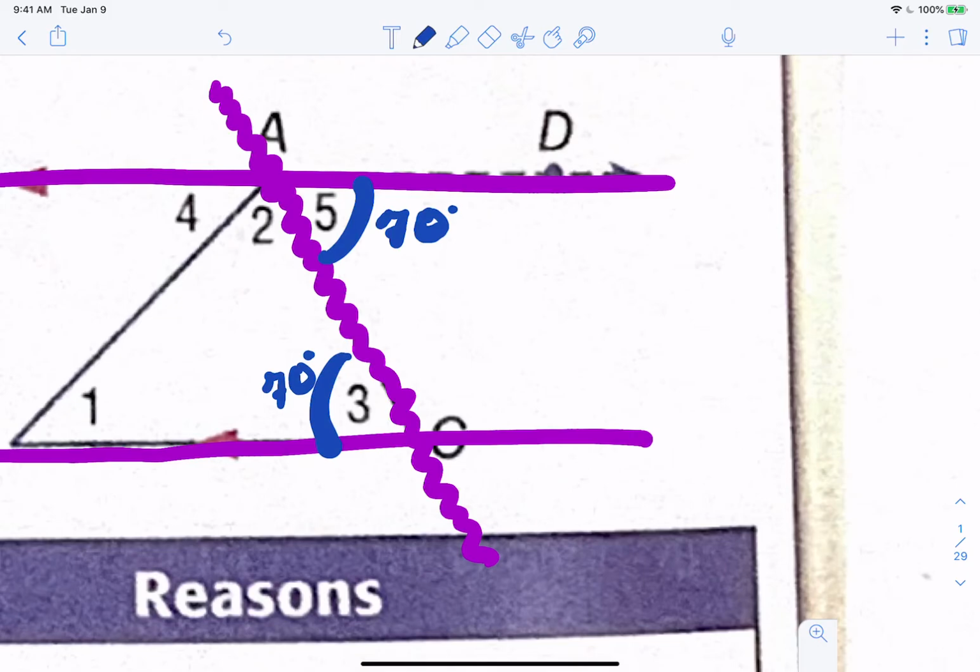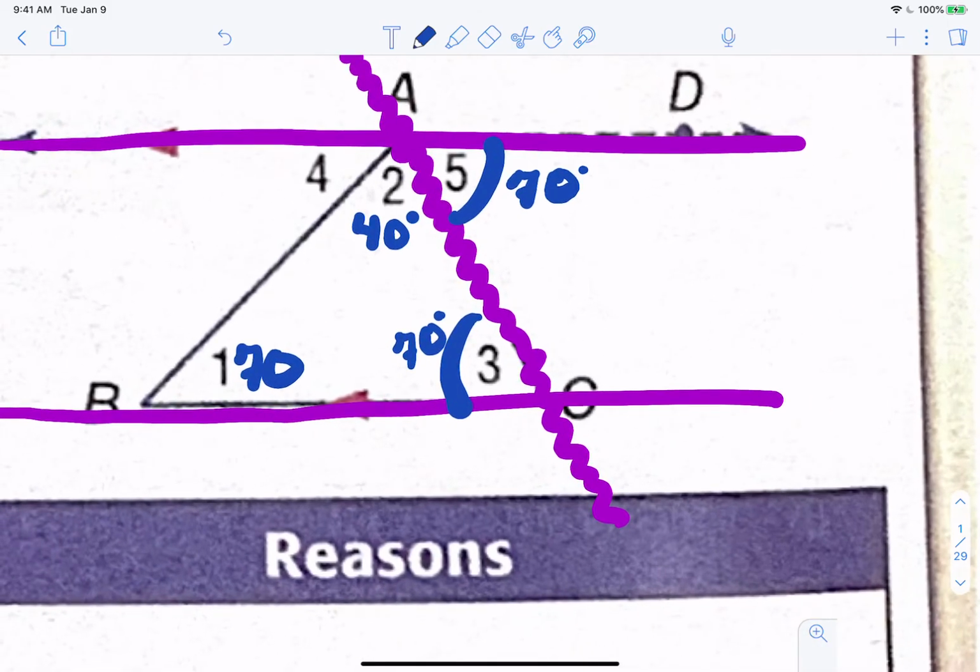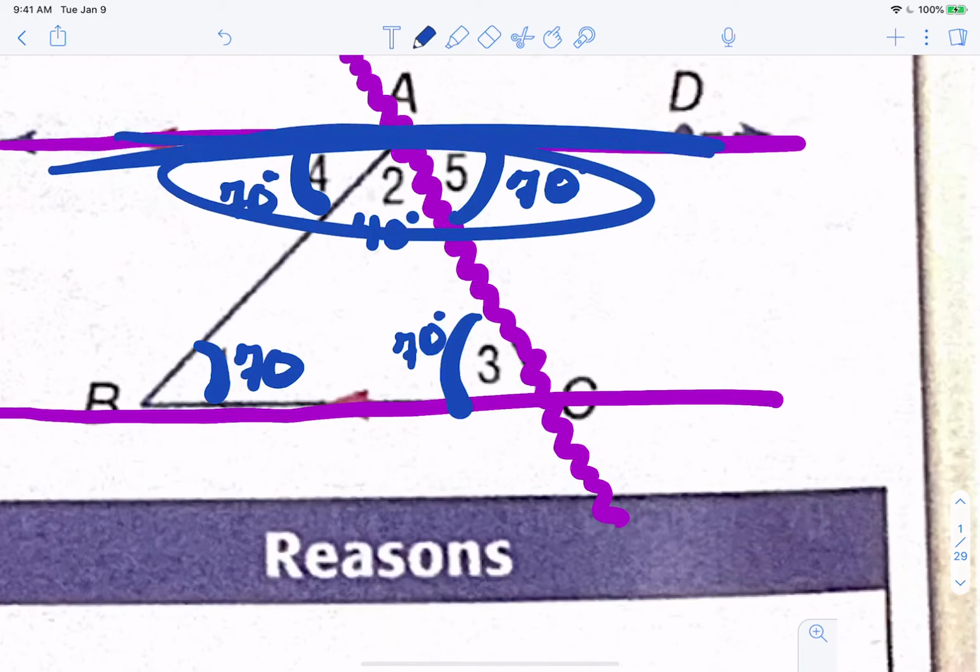Angle 2, let's say, is 40 degrees. Angle 1 is 70 degrees. Angle 1 matches up with angle 4 also because they are alternate interior angles. So if angle 1 is 70, angle 4 is also 70. And these three lie on a straight line, which makes 180, and that's why they add up to 180 degrees. Make sense?